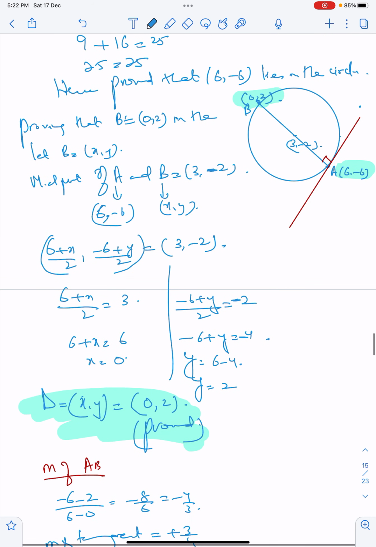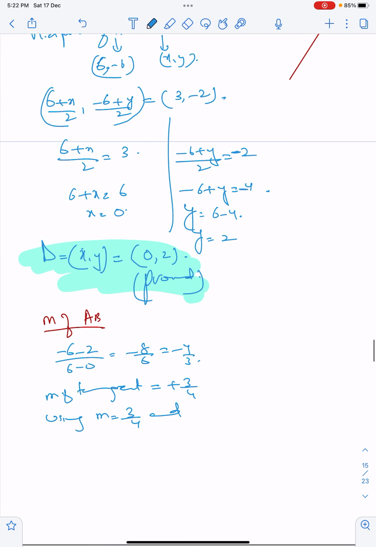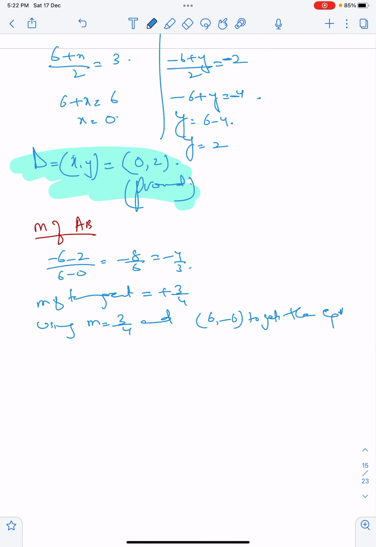Now I'm going to use the point A, which is 6 comma negative 6, with gradient equal to 3 upon 4, to get the equation of the tangent. y minus y1 equals m times x minus x1.